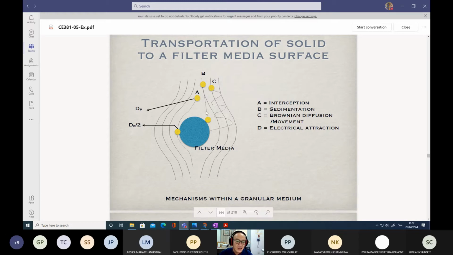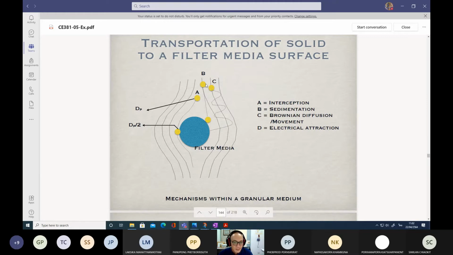The particles coming inside the media layer may move along with a streamline and get attached. This is a kind of interception, a movement, and finally these particles get adsorbed.